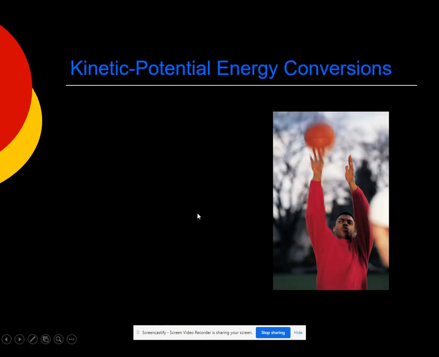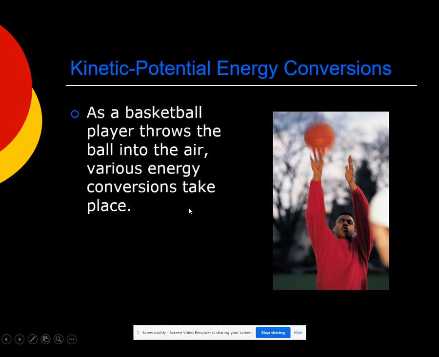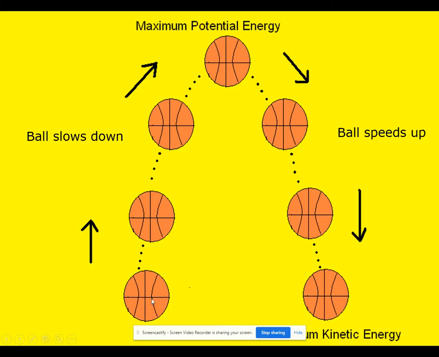All right, let's talk about kinetic potential energy conversions in another light, and that is shooting a basketball or throwing a basketball in the air. So as you shoot a free throw, say, you're going to shoot the ball up in the air, and then it's going to fall back down. There's tons of energy conversions that take place. So let's take a look. Here's where you release the ball. This is obviously exaggerated because it's going really high, but each phase here, as it moves towards its peak, you are injecting kinetic energy, which is moving the ball against the force of gravity, therefore converting the kinetic energy that you put into the ball, slowing it down, and converting it to maximum potential energy at the peak.